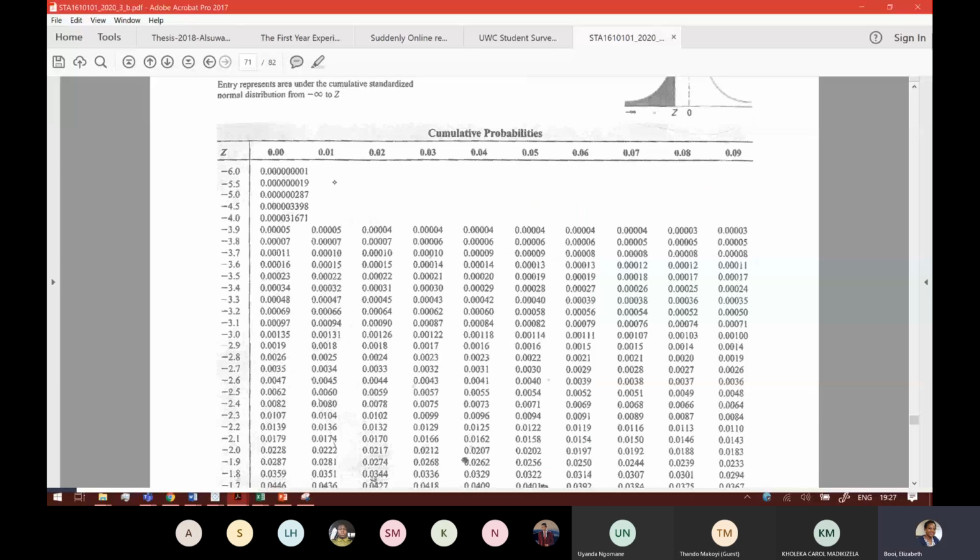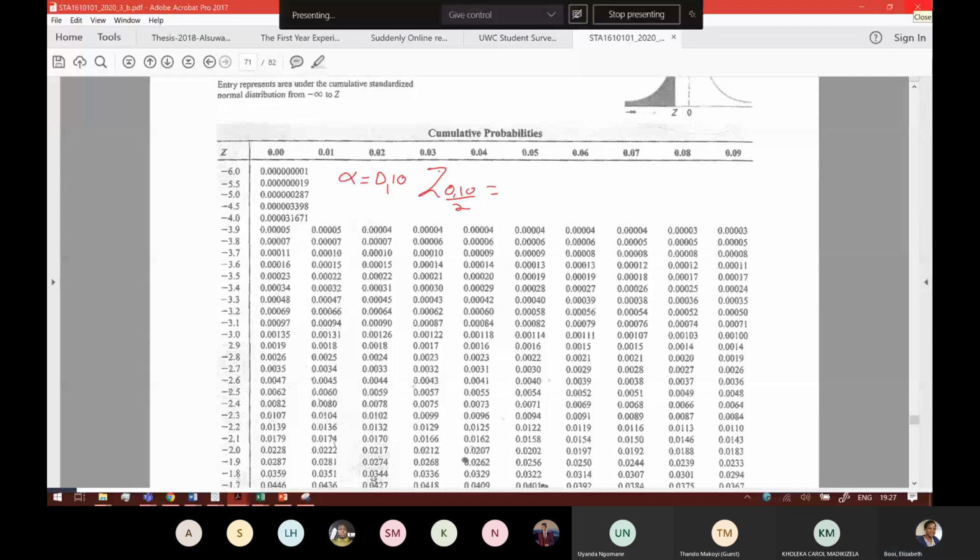For 90%, the alpha value will be equal to 0.10. So therefore, Z of alpha divided by 2, 0.10 divided by 2, is 0.05.